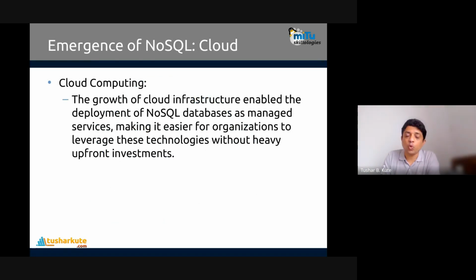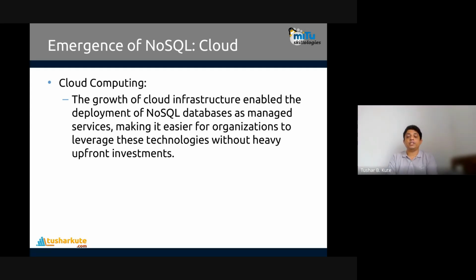So the growth of cloud infrastructure enabled deployment of NoSQL databases as managed services. SQL as a service. NoSQL as a service. See, anything as a service is a cloud. There are various different architectures of cloud available: software as a service, platform as a service, infrastructure as a service, data as a service.